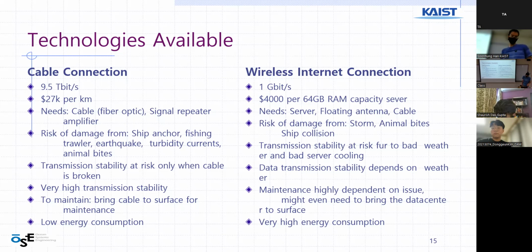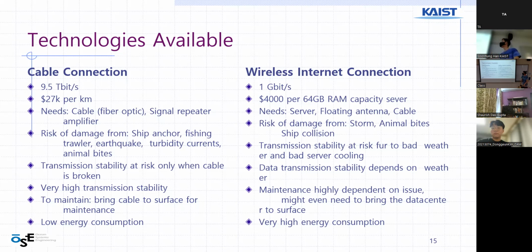But for the data center, we need to make sure that data is kept quite far away from the coast, but it also needs to have a good speed since the data will be taken in and out. So then we can compare the connection from the cable and the wireless internet.